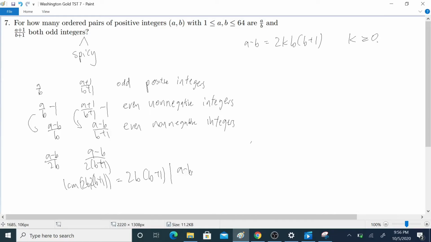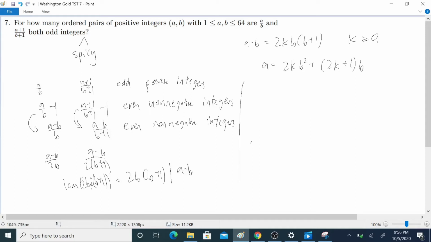So now I think we can start to count how many such pairs there are. So a equals 2k·b squared plus (2k+1)·b, I think. Yeah.